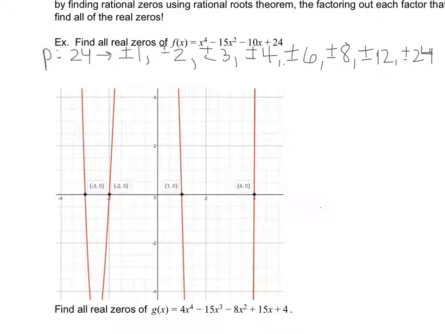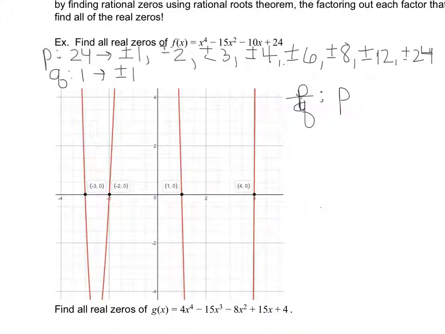Now we go to Q. My leading coefficient is just 1, so its potential factors are plus or minus 1. When I do P divided by Q, I'm pretty much dividing all of my factors of P by Q, so I'm just going to get the factors of P again.